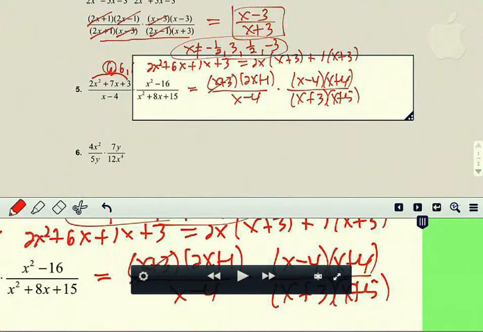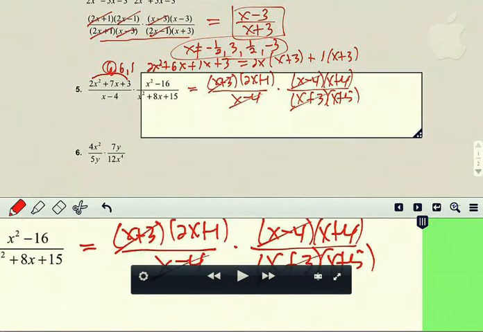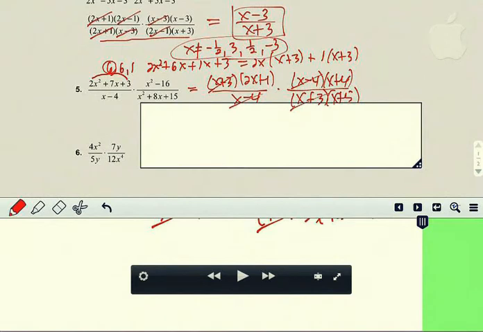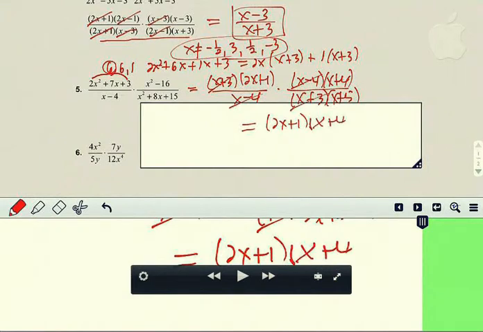So now we can cancel the x plus 3's, the x minus 4's, and that's all. So our final answer will be 2x plus 1 times x plus 4 over x plus 5.